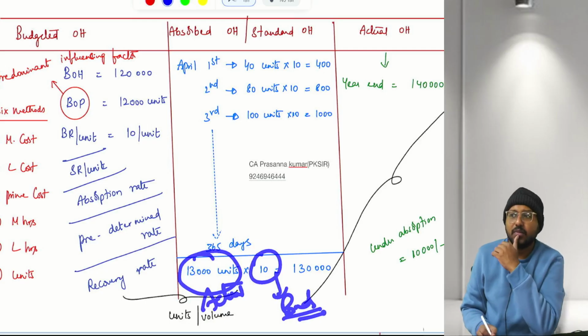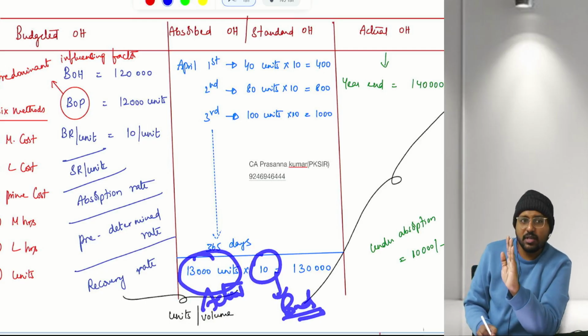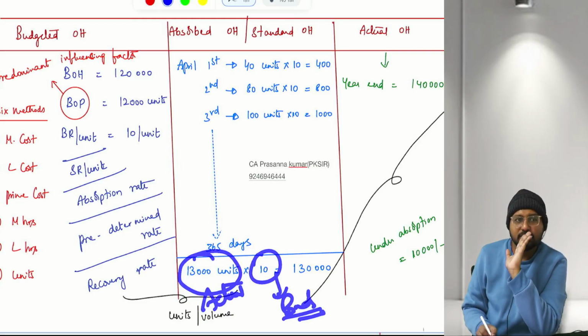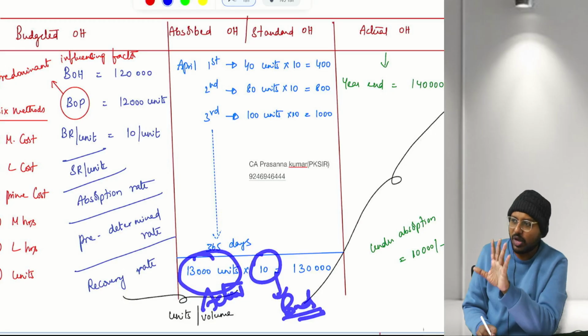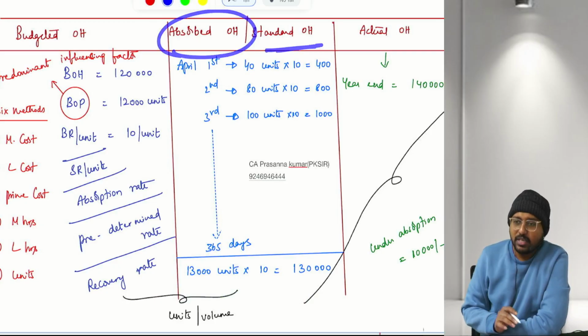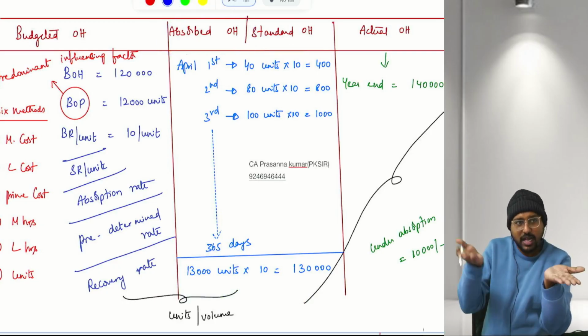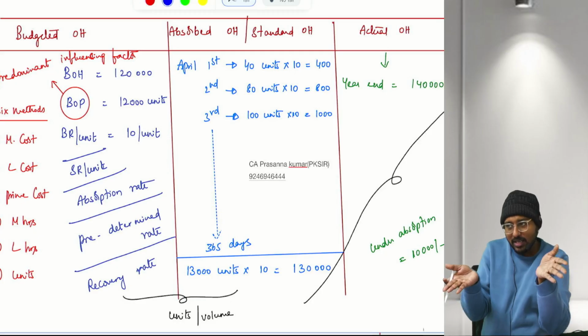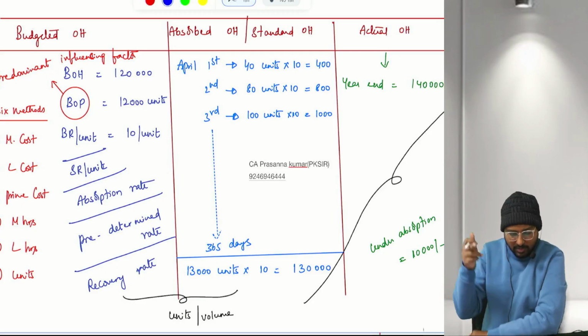So it is half actual, half budget. This you have to keep in mind. So absorbed or standard overheads is a mix of both budget as well as actuals. Keep that in mind.